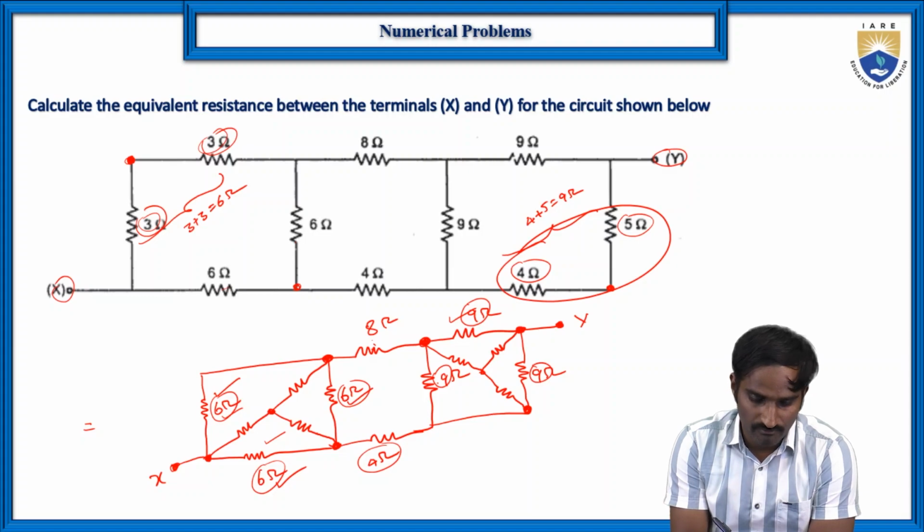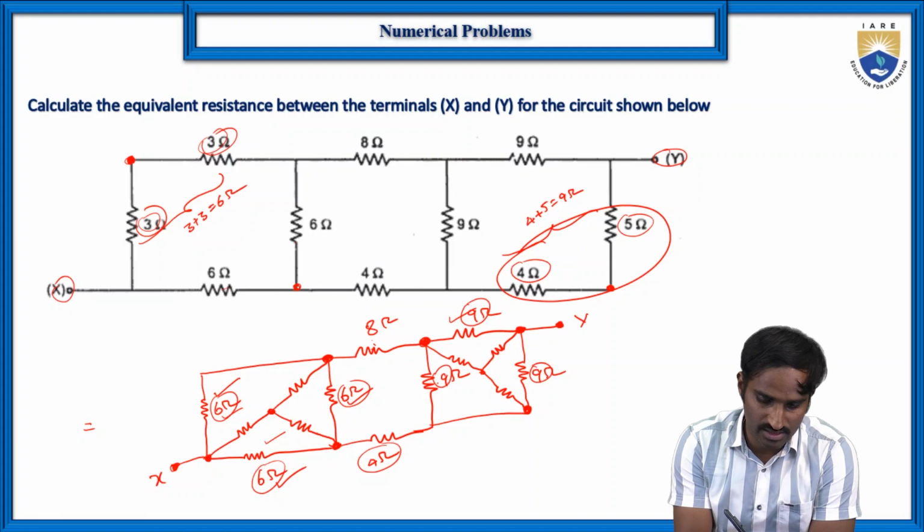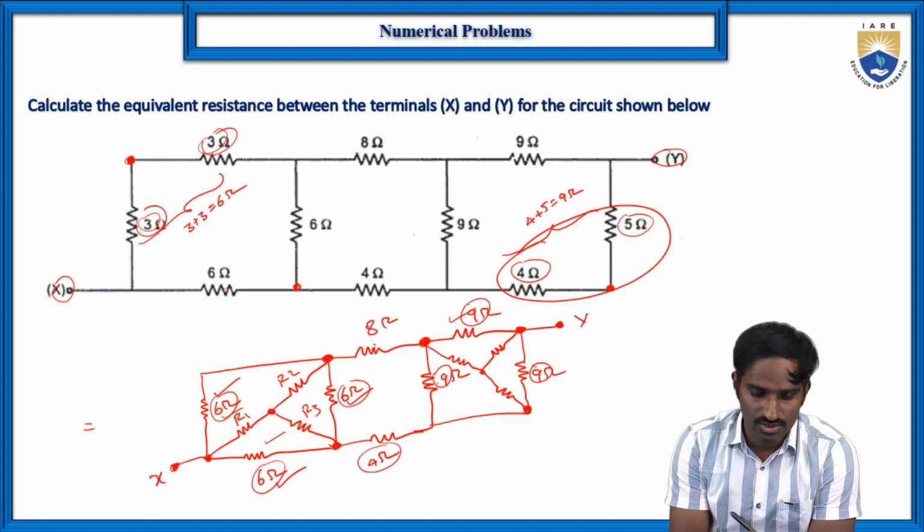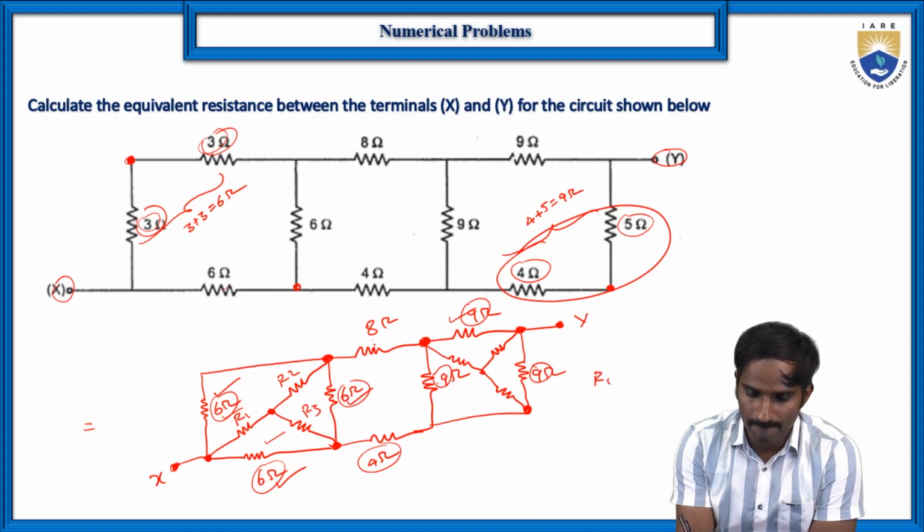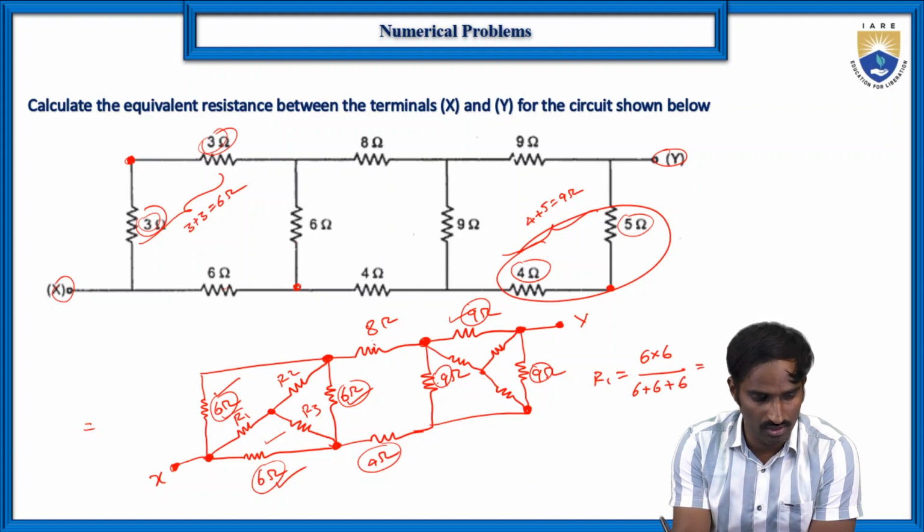Suppose you want to find this resistor. Let us consider here R1, R2 and R3, right? R1 equals the two resistors connected to this particular node, which are 6 ohms and 6 ohms. So 6 into 6 by the total resistance, 6 plus 6 plus 6, which is equal to 2 ohms.